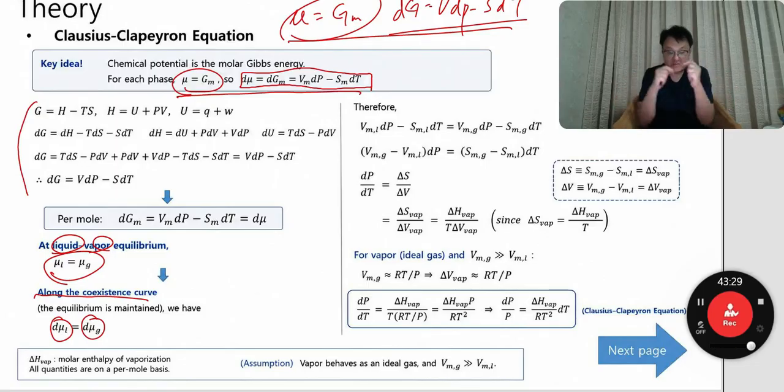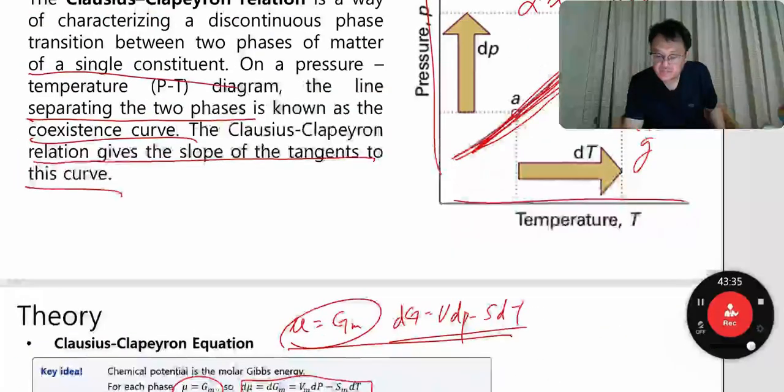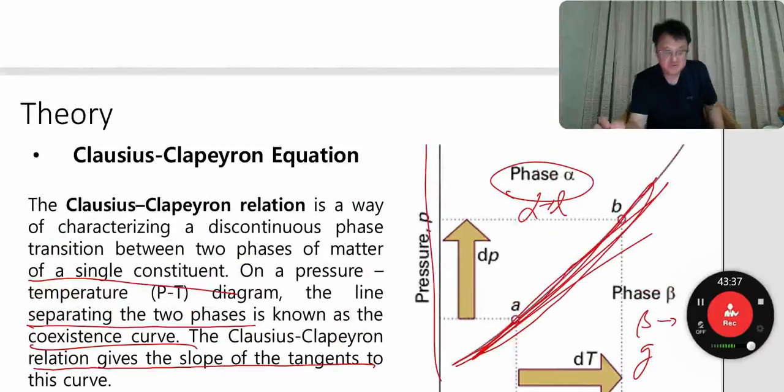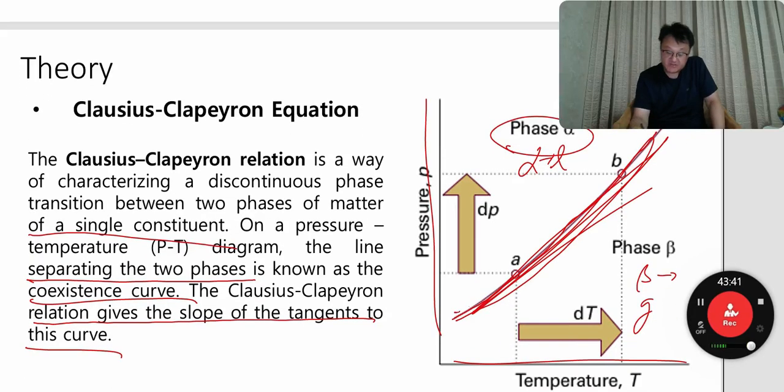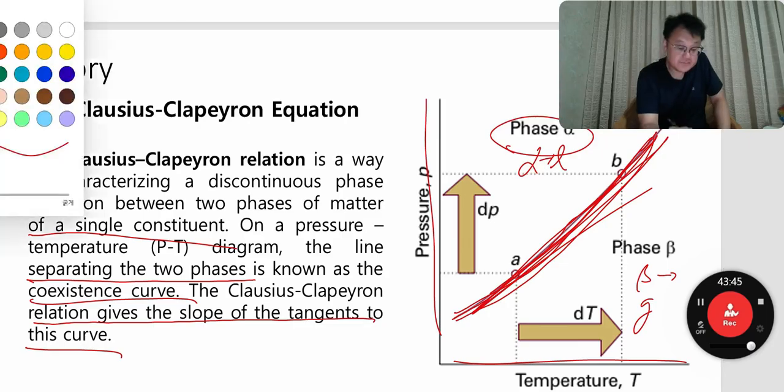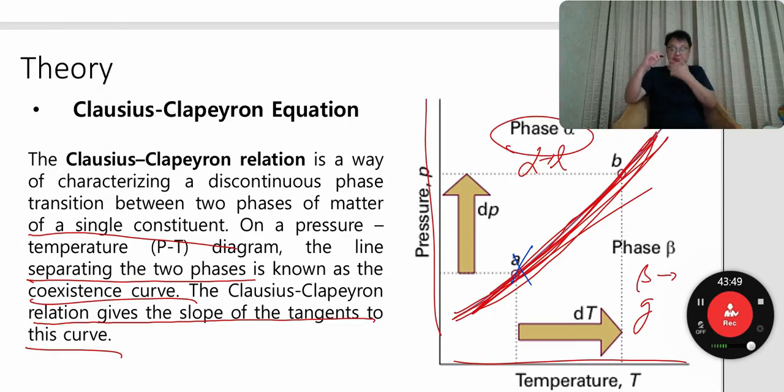At a given point on the coexistence curve, you have the same chemical potential of liquid and gas, alpha and beta.